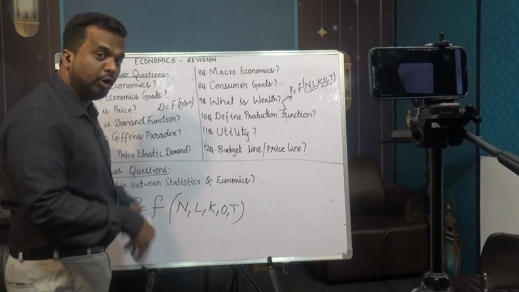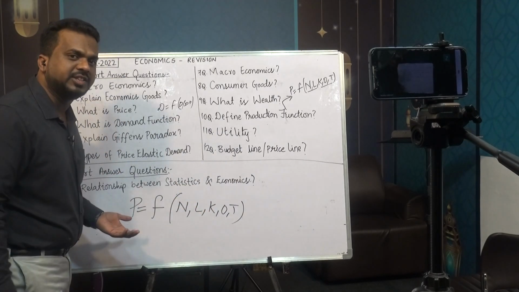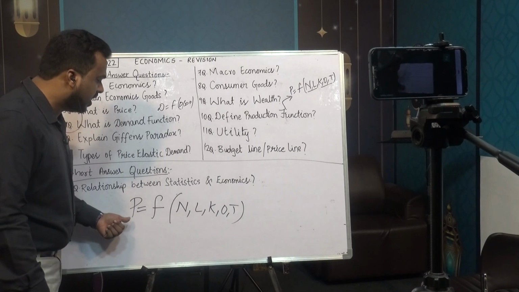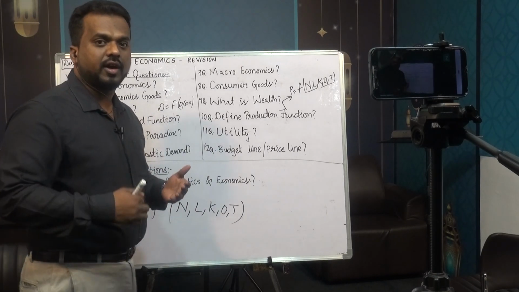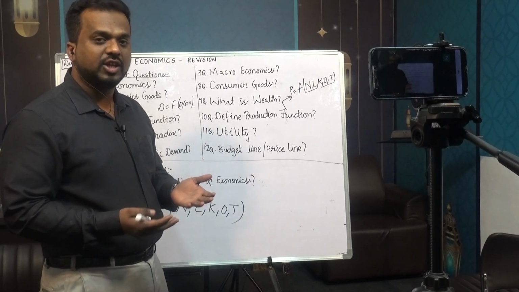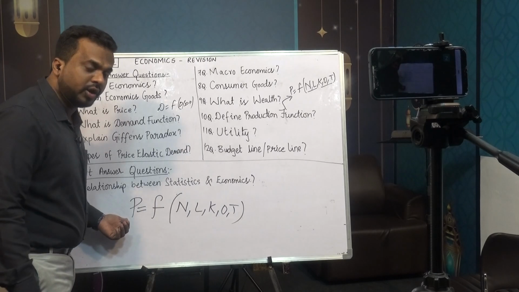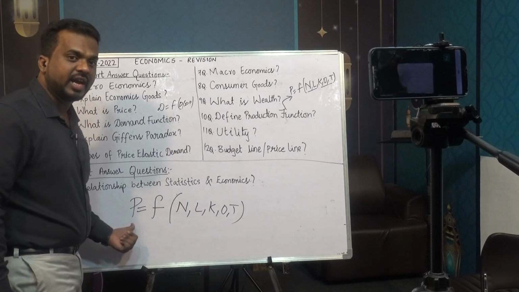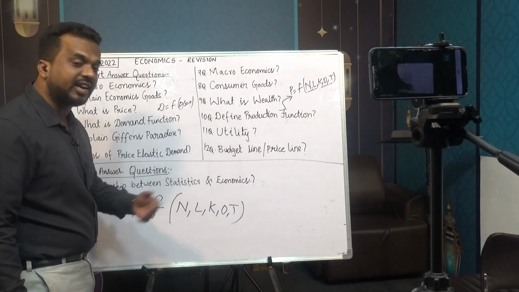Here P is the output. जो भी आप प्रोड्यूस हो, आप ये P की जगह कुछ भी लिख सकते हैं, Q भी लिख सकते हैं, A भी लिख सकते हैं. This is the output. जो भी प्रोडक्शन होगा, जो भी मैन्युफैक्चरिंग यूनिट रहेगी, जो भी कमोडिटी प्रोड्यूस करेंगे, उसका सारा आउटपुट. F रिलेशनशिप बताएगा आउटपुट और उसके फंक्शंस, क्या क्या डिटरमिनेंट्स, क्या क्या फैक्टर्स है उसके.